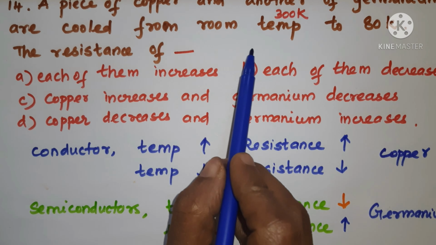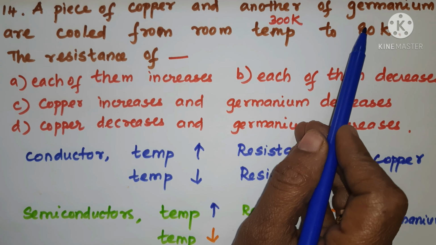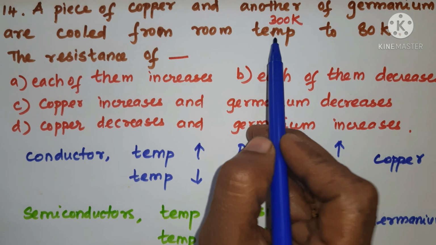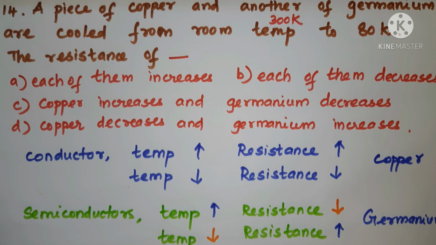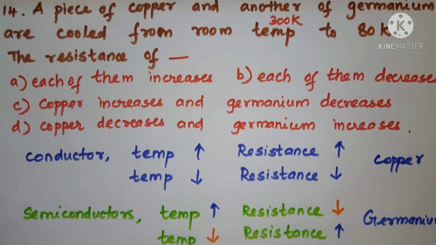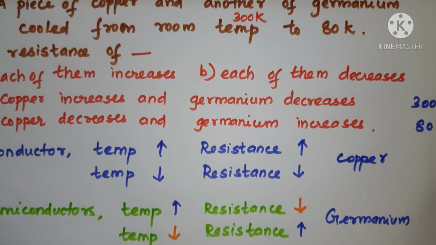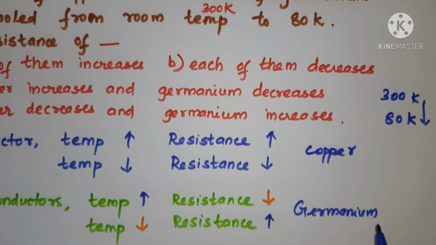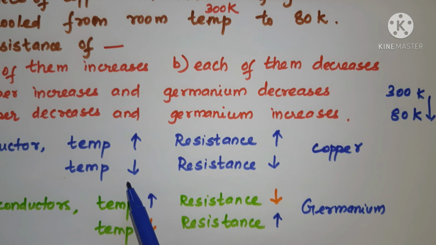Here it is given that a piece of copper and germanium are cooled from room temperature to 80 Kelvin. That is, from 300 Kelvin to 80 Kelvin it has been reduced. If it is so, there is a decrease in temperature. In the case of the conductor, temperature decreases, resistance also decreases.